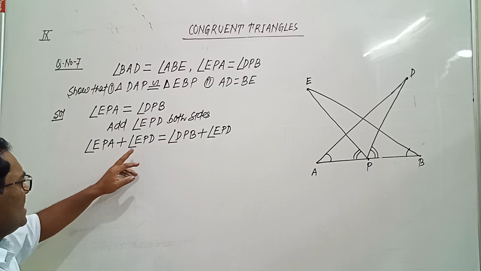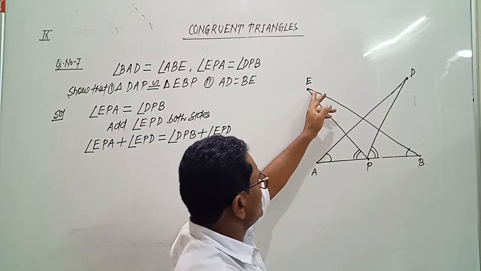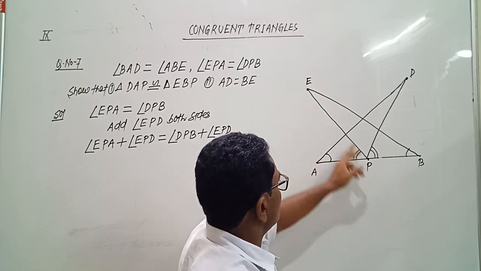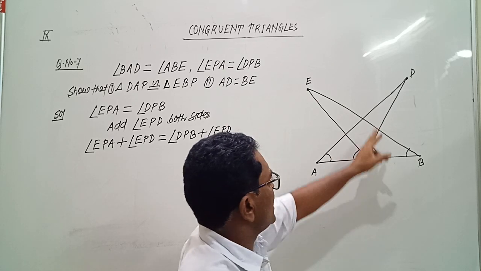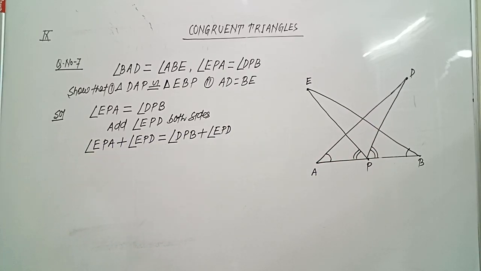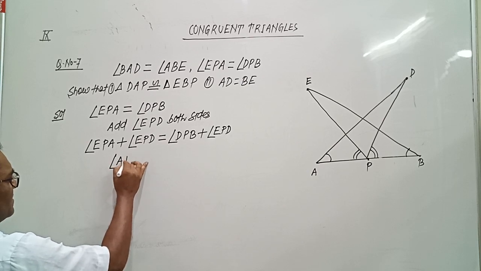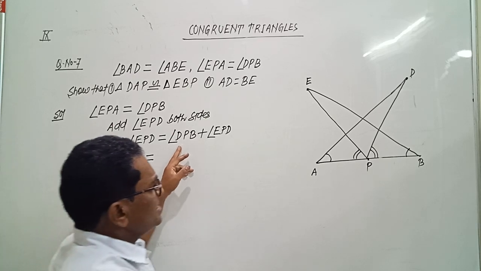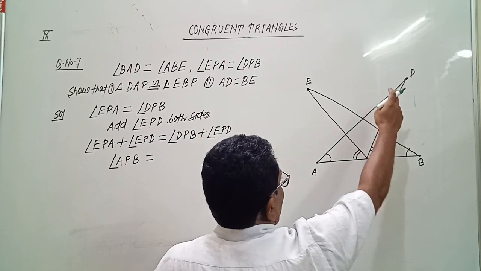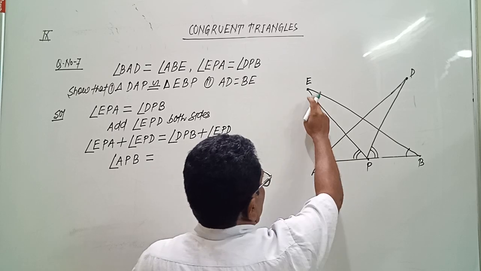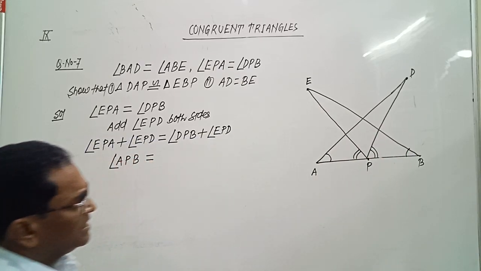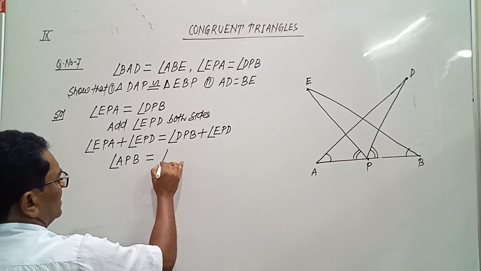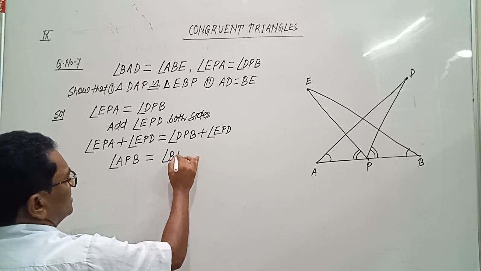Now EPA plus EPD becomes angle APD. And angle DPB plus EPD becomes angle BPE.